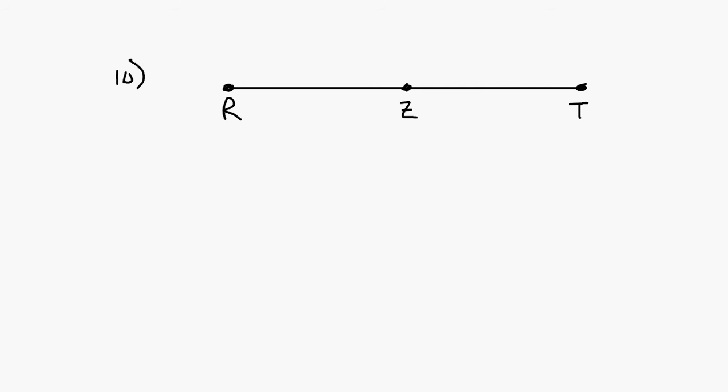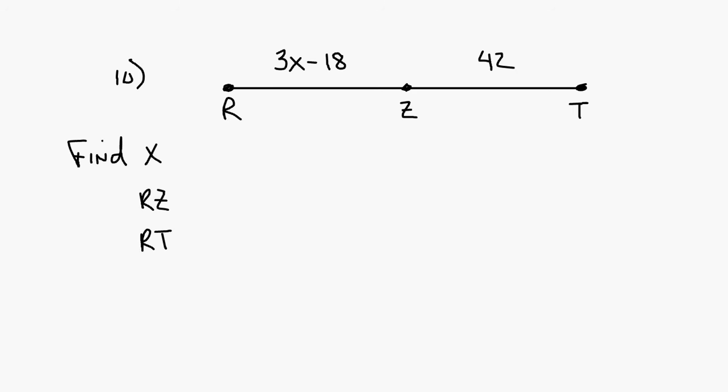It says if Z is the midpoint of RT, they're asking to find X, RZ, and RT. This is 3x minus 18, and this is 42.